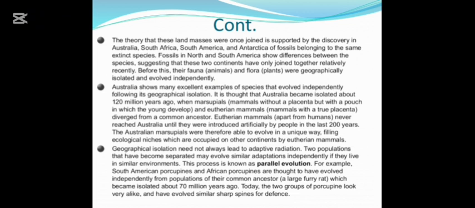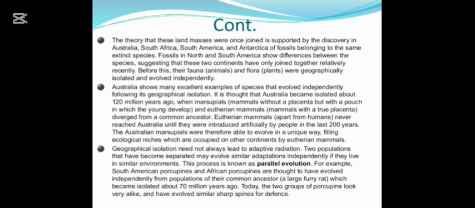So geographical isolation need not always lead to adaptive radiation, but two populations that have become separated may evolve similar adaptations independently if they live in similar environments. Now, this process is known as parallel evolution.